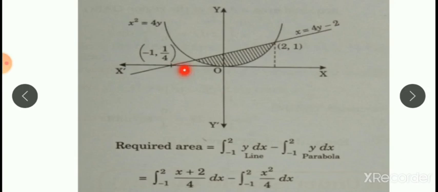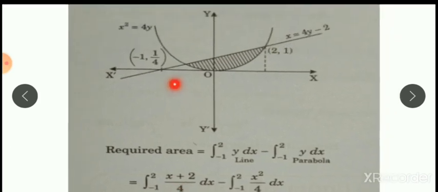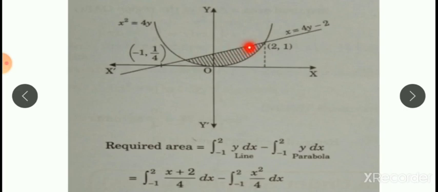Means our limits are along x-axis, that is integration minus 1 to 2, x plus 2 upon 4. Here this is the equation of line. We can write here from this equation x plus 2 upon 4. Now we have to subtract which area? This area and this area.